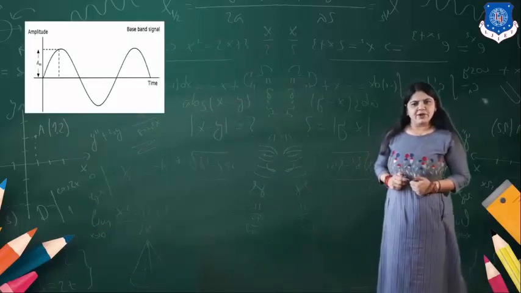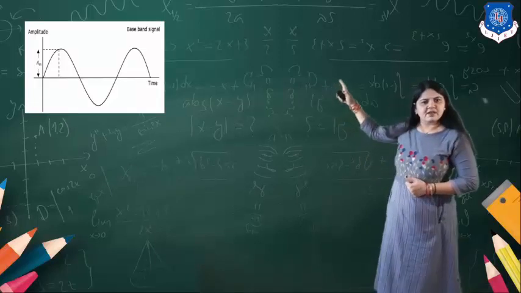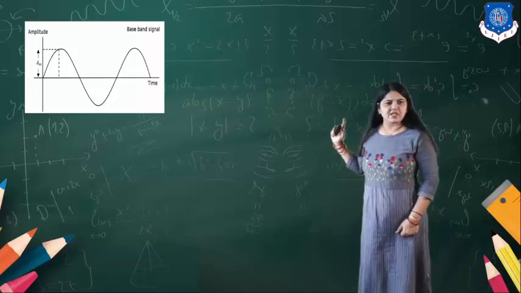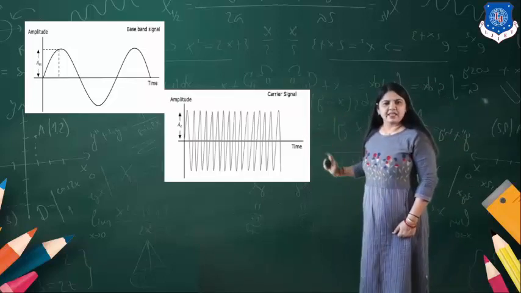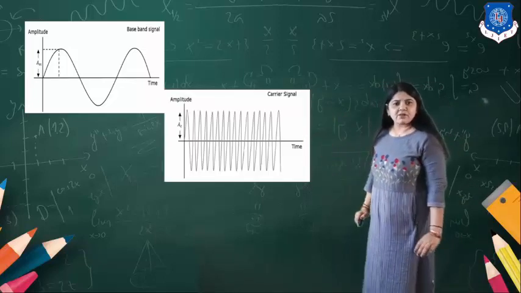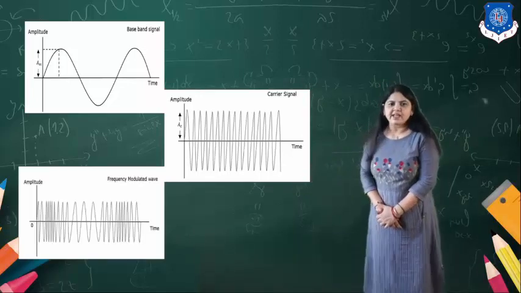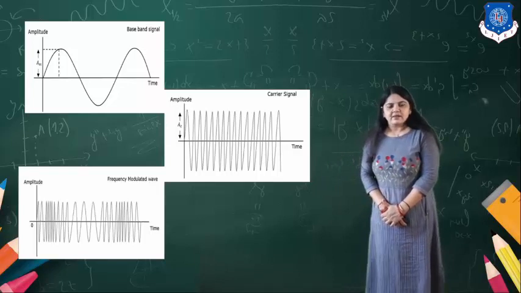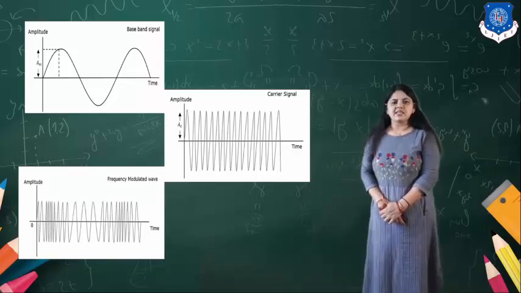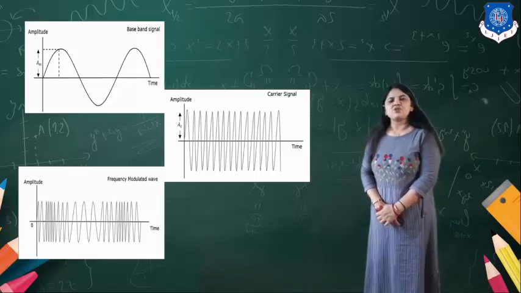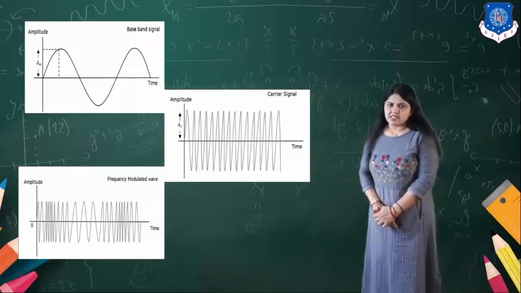In frequency modulation, this is the baseband signal or your information signal. This is the carrier signal, a high frequency wave, and we have a frequency modulated wave. As you know, the carrier frequency changes in accordance with the amplitude of the modulating signal.